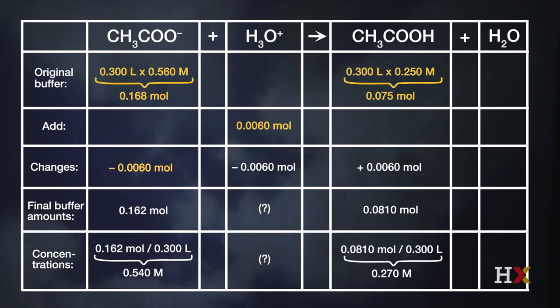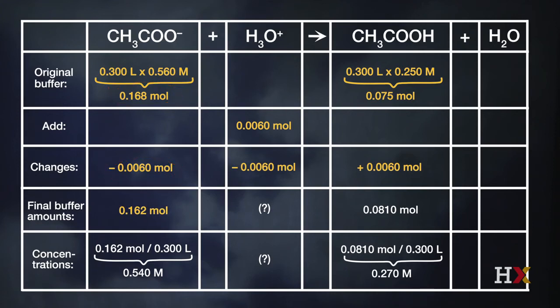But because it's reacting with H3O+, that's exactly the same change, and we're adding 0.006 moles of the weak acid. So for the final buffer amounts, we simply add minus 0.006 to 0.168, and we get 0.162 moles of the conjugate base after the reaction.